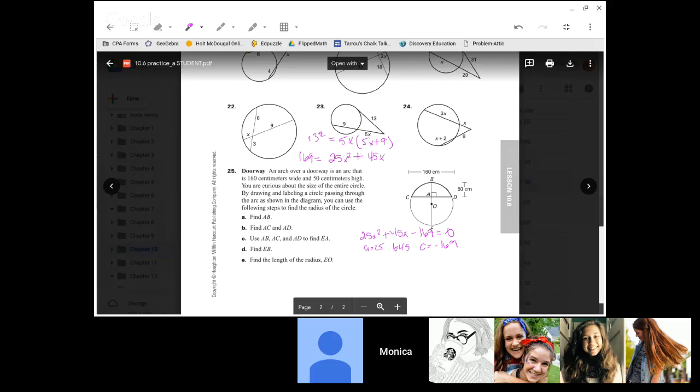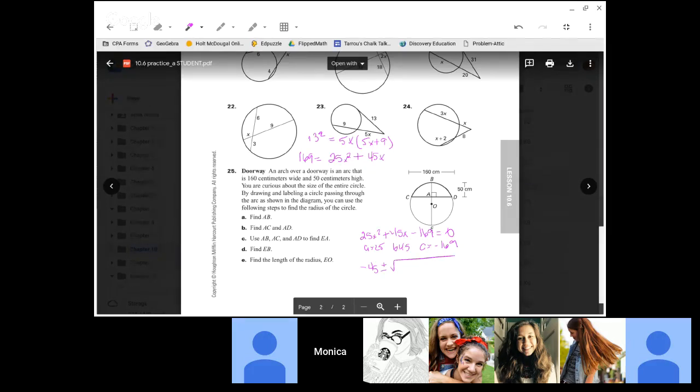So now, when we plug into the quadratic formula, we're going to have negative b. So our b is 45, so we're going to have negative 45 plus or minus the square root of b squared, which is 45 squared, minus 4 times 1 times negative 169, because that's your c.